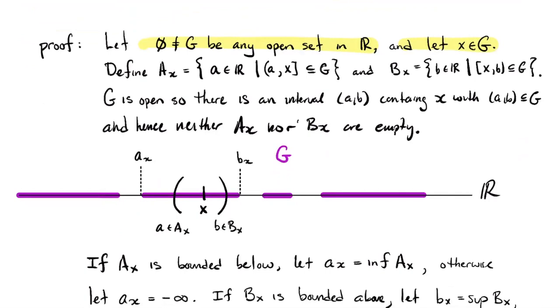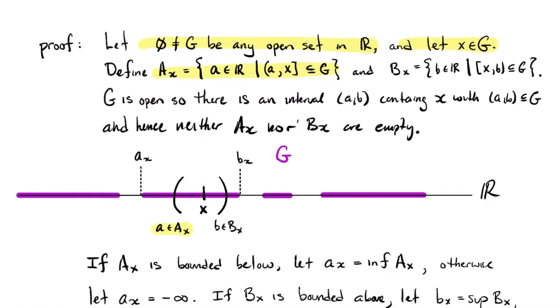Once I pick that X, I define two sets. One of them, A sub X, are those real numbers A such that the half open interval, open at A, closed at X, completely belongs to G. So I'm showing you an A down here in A sub X. That half open interval from A to X completely belongs to the set G. So A sub X is the set of all such A's.